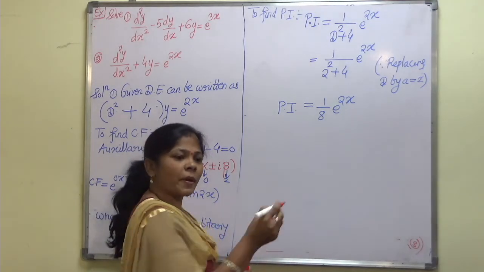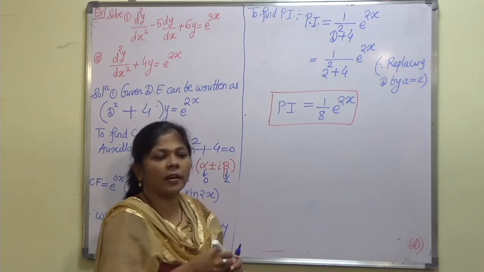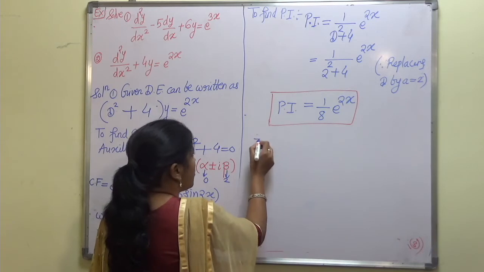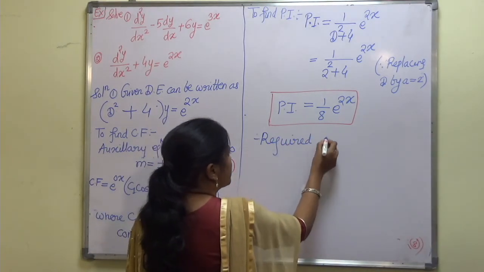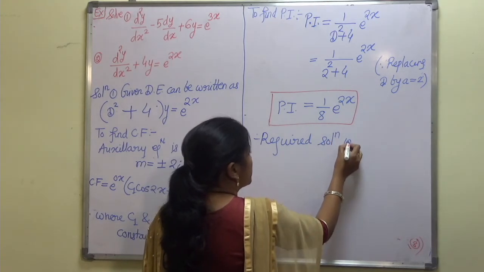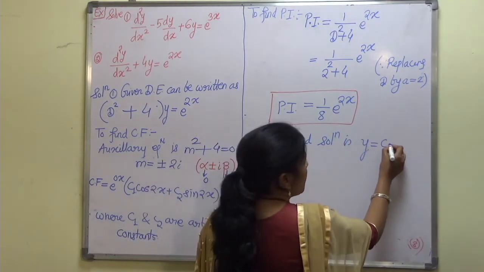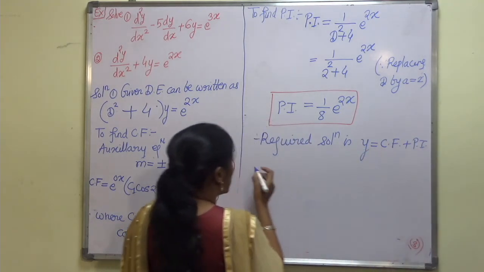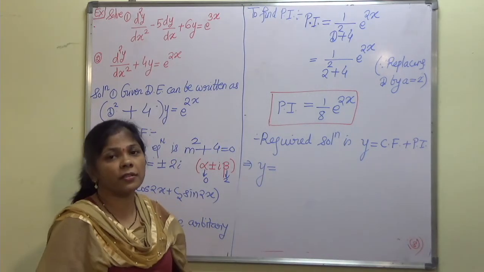Once we get the complementary function and the particular integral, now we will write the required general solution. Therefore, the required solution is, what is the required solution? y is equal to CF plus PI. So just substitute CF and PI. Don't forget to write this final step.